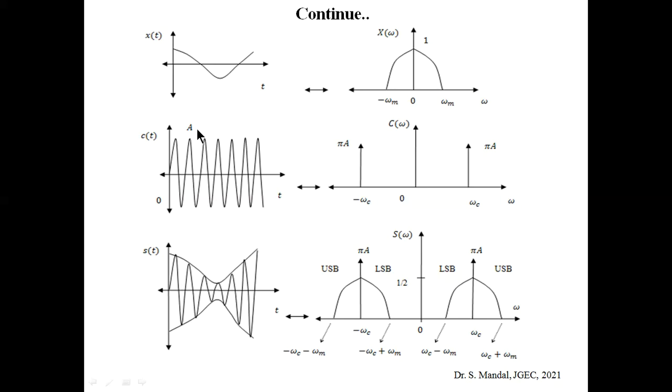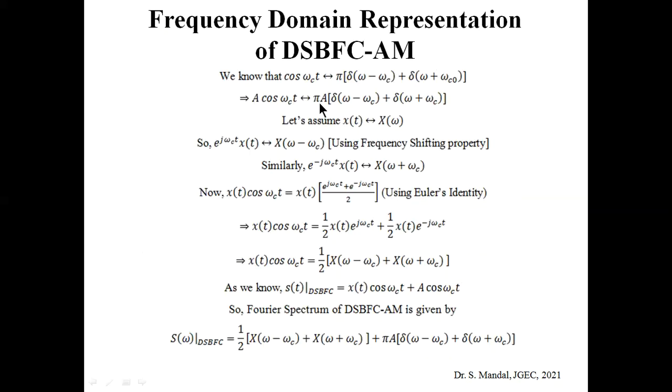Along the x axis we plot t, and its maximum amplitude is a. If we take the Fourier transform and plot with respect to omega, the Fourier transform of ct is two impulses located at omega c and minus omega c, whose amplitude is pi a. So that is pi a delta of omega minus omega c plus delta of omega plus omega c. This is basically the frequency shifting property.